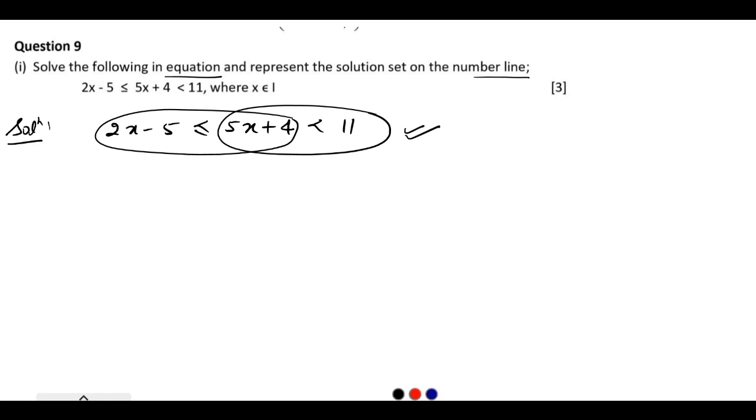Means which will satisfy at a time both inequalities. 2x minus 5 less than equal to 5x plus 4 and 5x plus 4 less than 11. Now solve these two inequalities separately, then we will combine their solution. Means we will take common solution of these two inequalities.